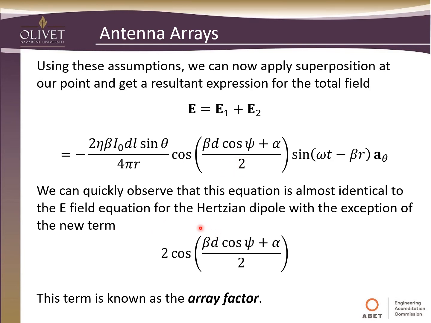And that is this factor here, this 2 out here, and then this cosine. So this 2 cosine beta d cosine psi plus alpha over 2. Well, this factor right here is what we commonly refer to as the array factor. And this is what gives us our control over these array patterns, as we'll look at here.